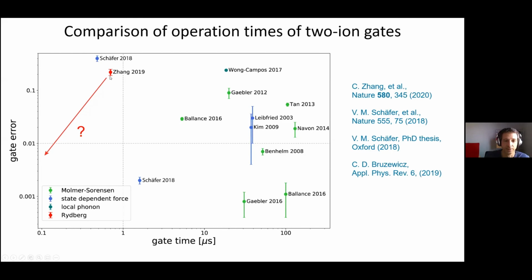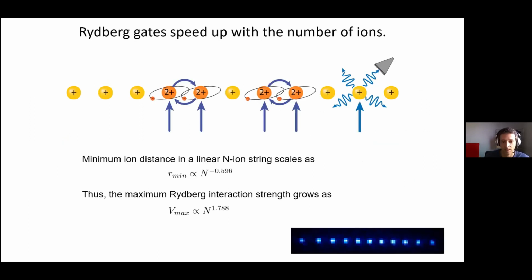So we can bring the ions closer together, go to higher Rydberg states, and then go to a regime down here, limited by the lifetime of our Rydberg levels. Make it faster and lower error. Interestingly, the gate also doesn't slow down in longer ion crystals.